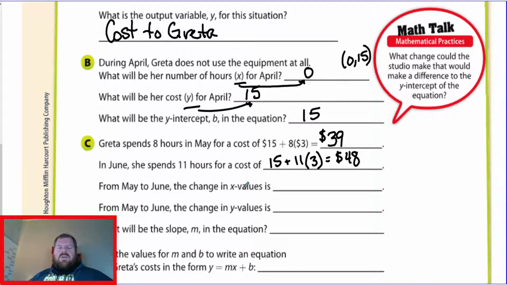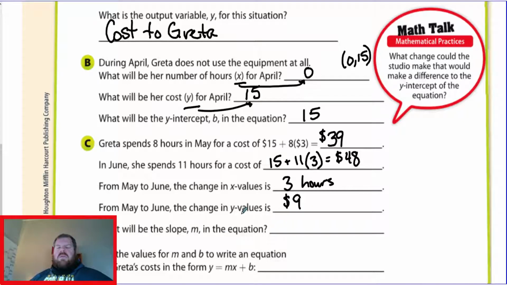From May to June, the change in the x values is, well, in May she used 8 hours, and in June she used 11 hours, so the change in x is 3 hours. And then the change in the y values from 39 to 48 is $9.